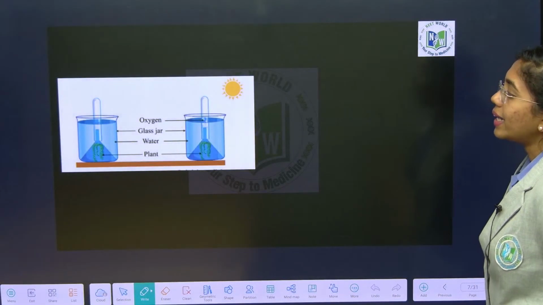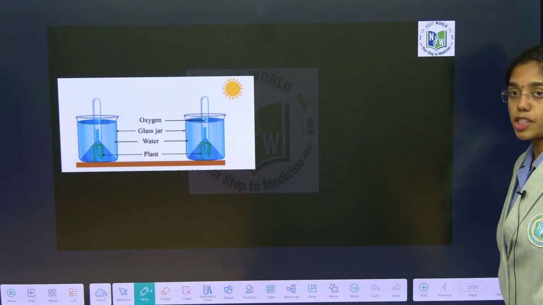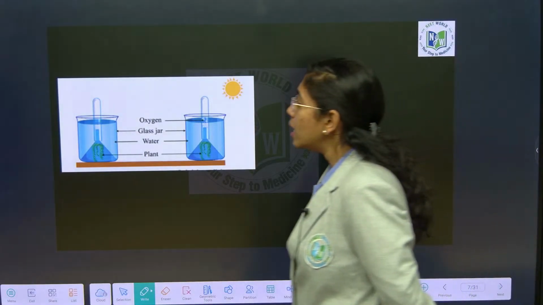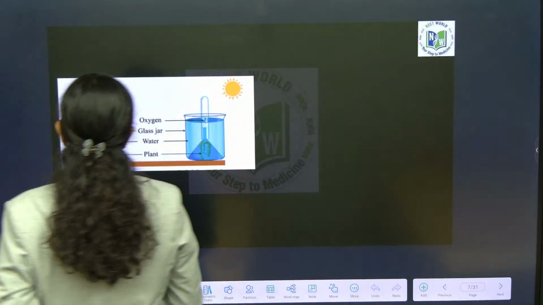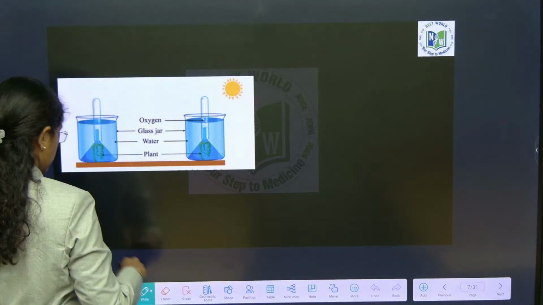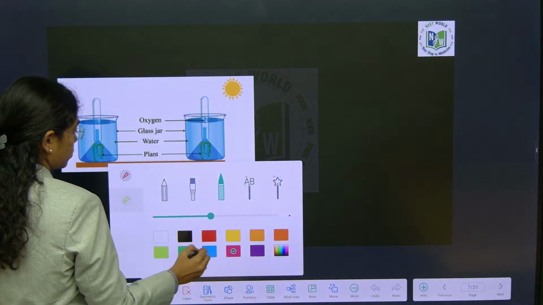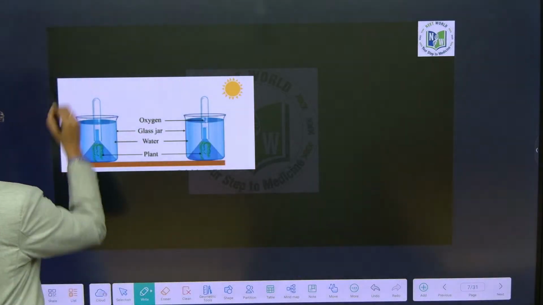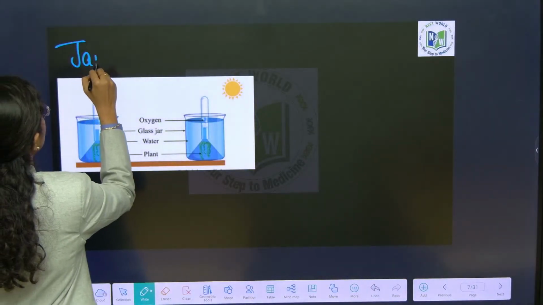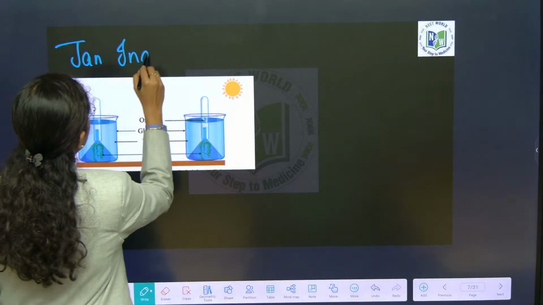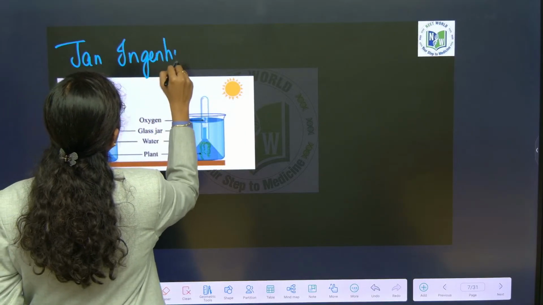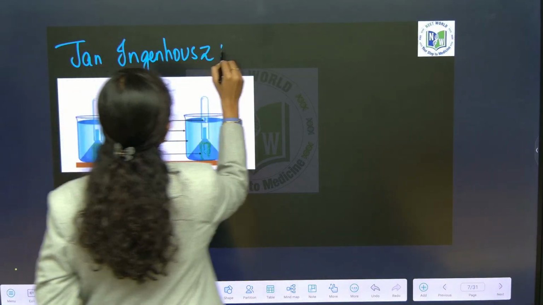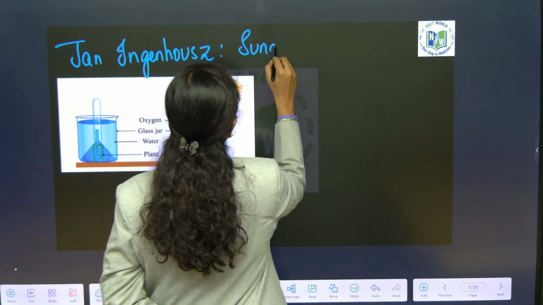Then it is Jan Ingenhousz's experiment, who proved that sunlight and water are essential for photosynthesis.